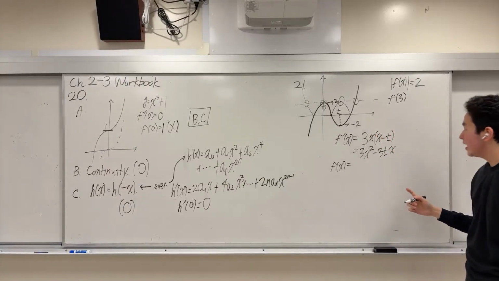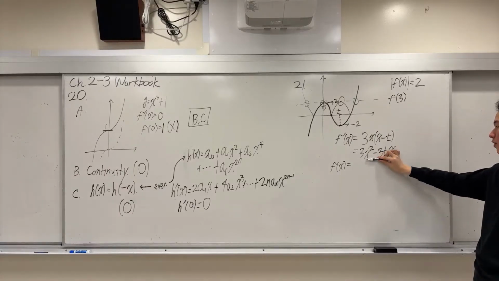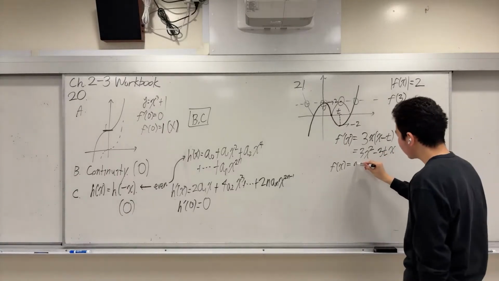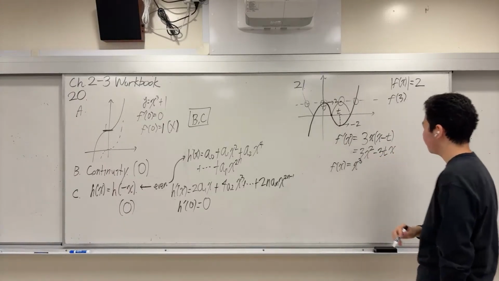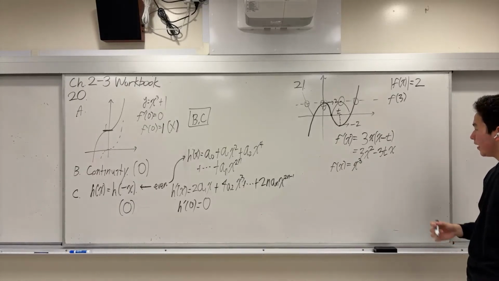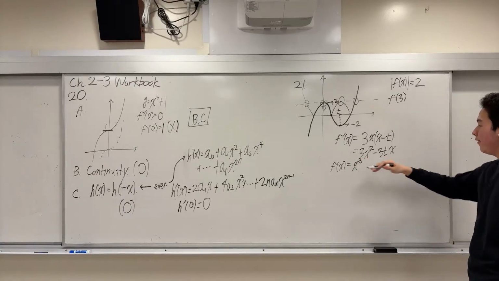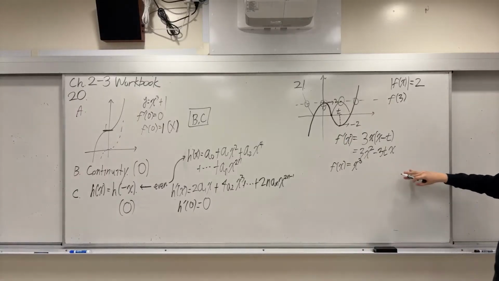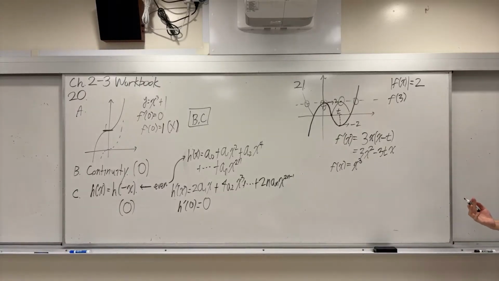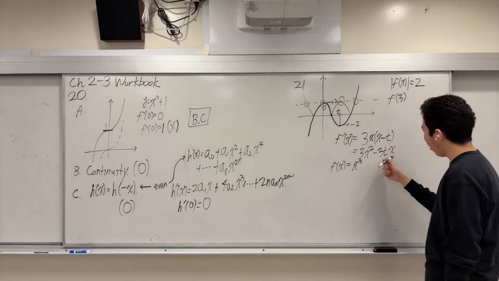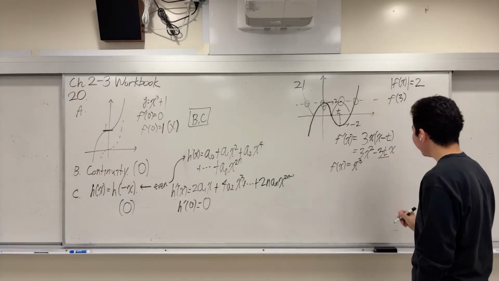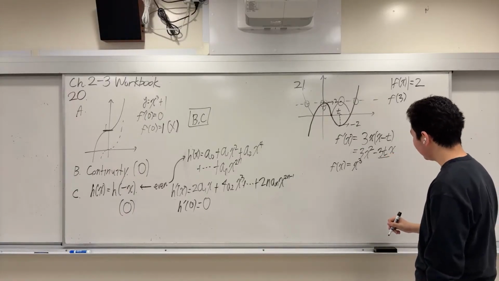Now think about this. We know our equation for the derivative, and we know that it starts with an x cubed term, right? If we take the derivative and we end up with this equation, what will the equation for the original function be? Our x coefficient is -3t, right?